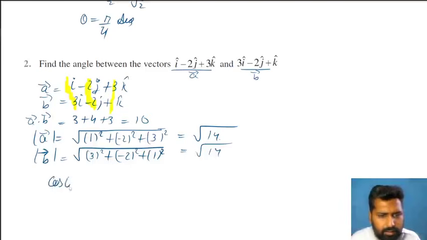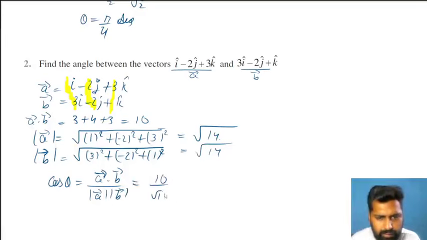Now let's calculate cos theta accordingly. Cos theta is A dot B upon mod A mod B. So A dot B is 10 upon root 14 root 14. So 10 upon 14 comes out to be 5/7.